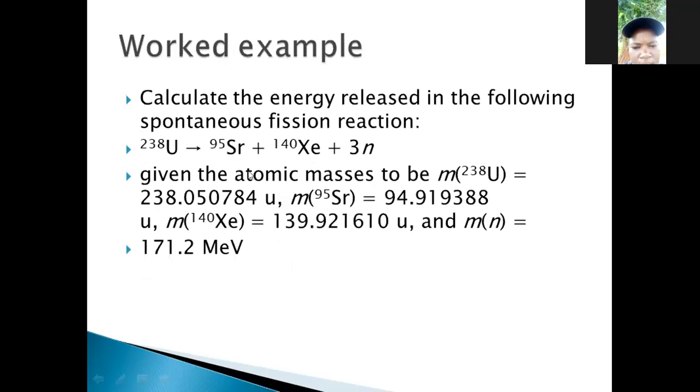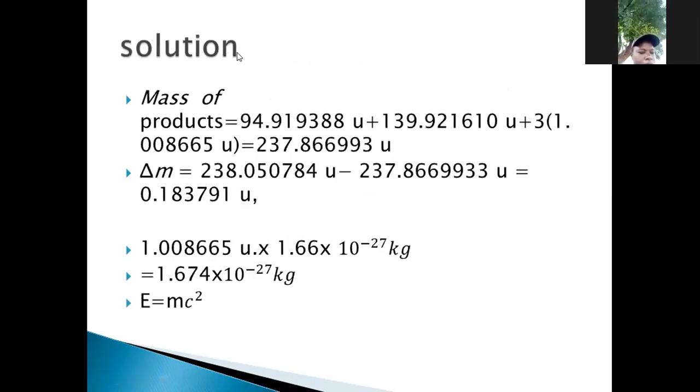So if you can get the mass on the left-hand side and the right-hand side, then the difference is what we call the delta M. And as you can see here, if we total up 140, which is exactly 139.92161, and then 3 times the mass of a neutron, when you total that and subtract from 238 point that, then our delta M is equal to 0.1837991 atomic mass units, which you can convert to kilograms.